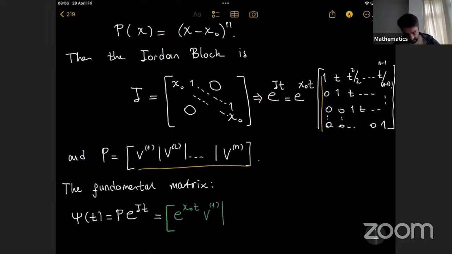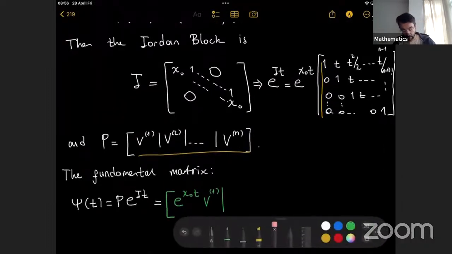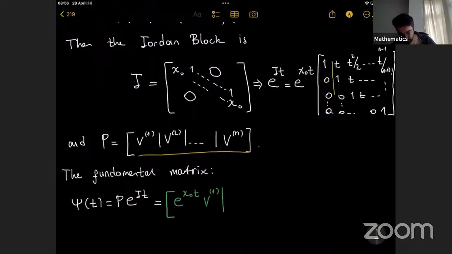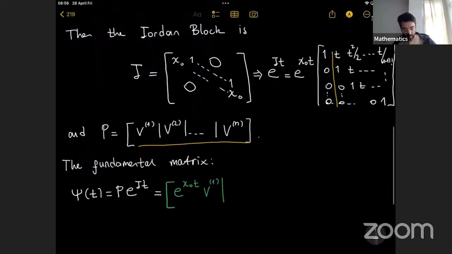This is the first column, okay? For the next column, we take this column, so it's going to be e to the lambda 0 t times v1.